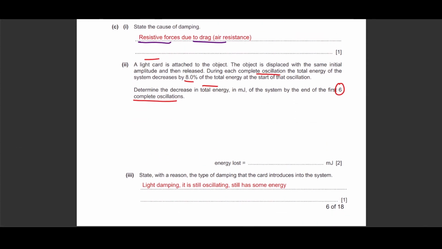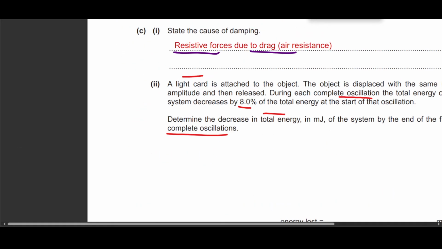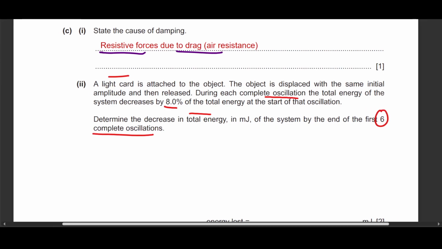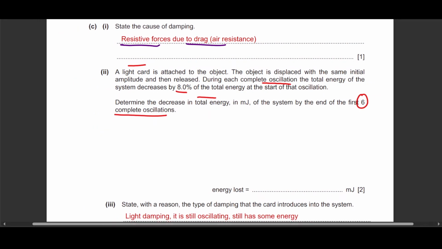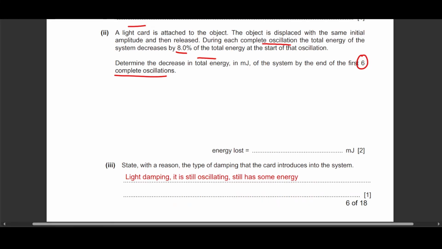That is why we can calculate, just a moment. Okay, so we can calculate that the remaining energy after 6 oscillations is going to be 0.92 to the power 6 multiplied by the original energy 6.4 millijoules.